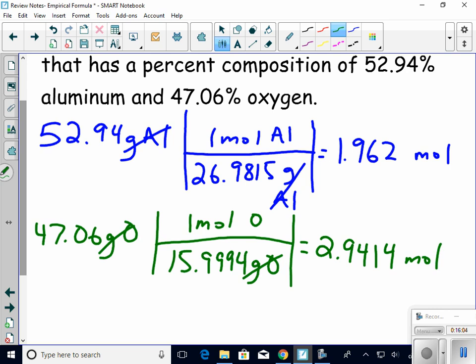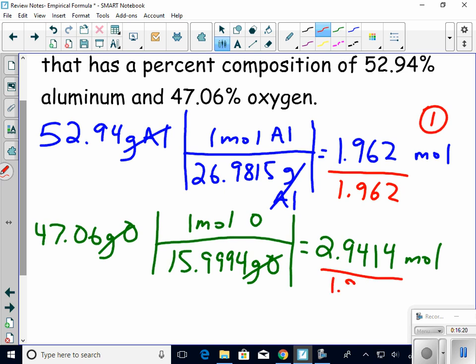So, what now is my lowest value? The top one, right? So now my top one's my lowest value, so I'm going to divide by 1.962. That's going to give me 1 there. 1.962. So down at the bottom, it's going to give me 1.499.